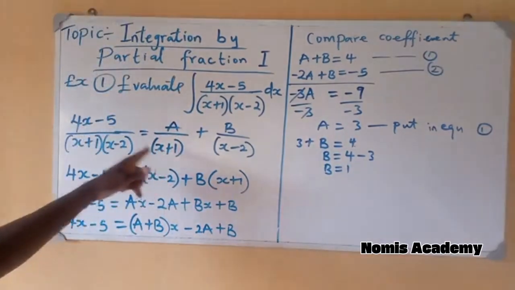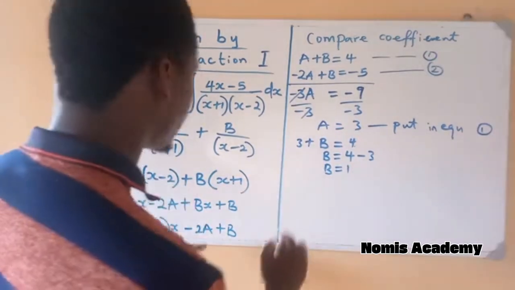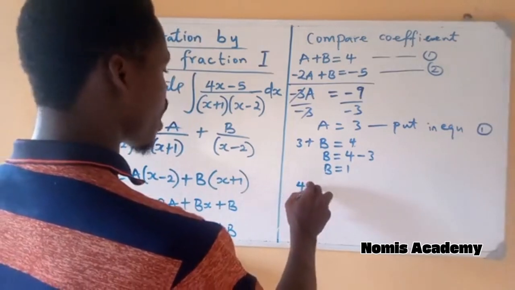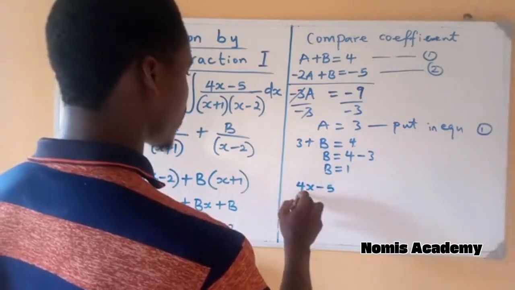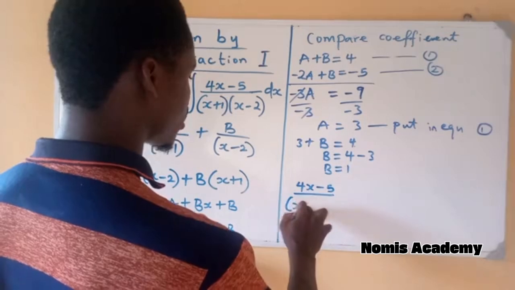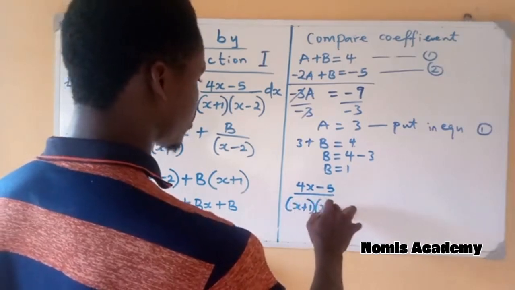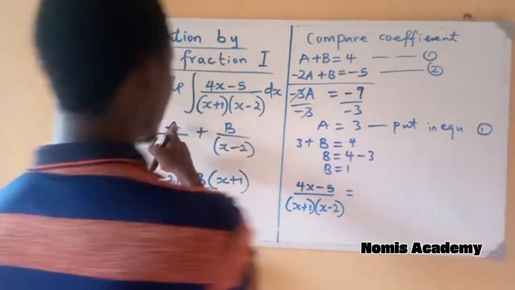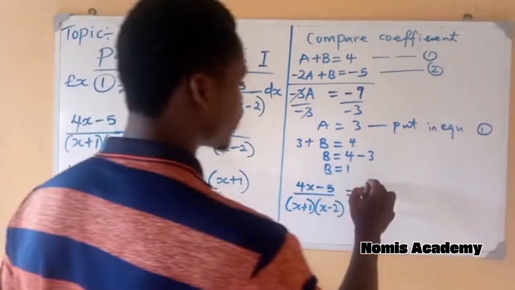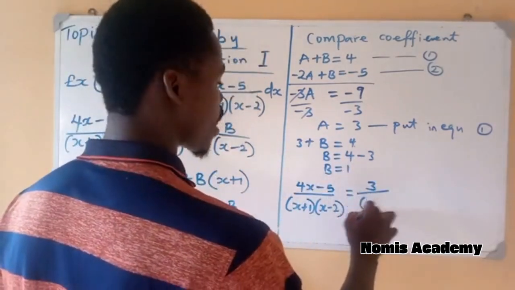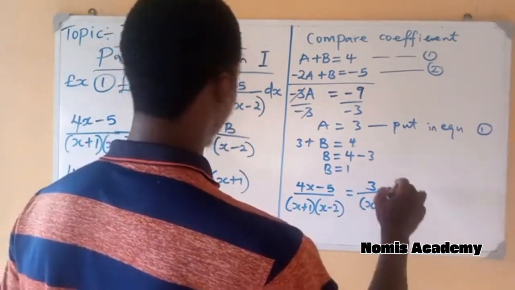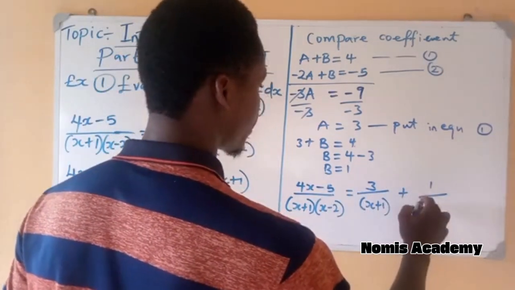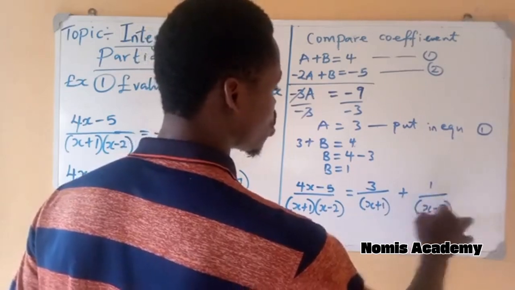So we go back to the composite fraction, where we say that (4x - 5) over (x + 1)(x - 2) is equal to, A is 3, so we have 3 over (x + 1) plus, B is 1, 1 over (x - 2).